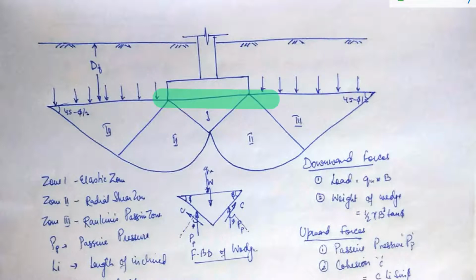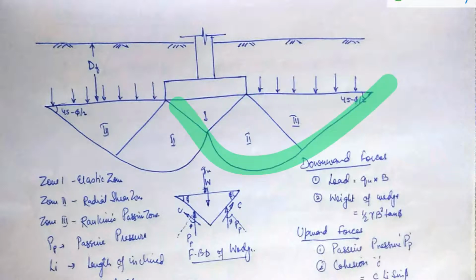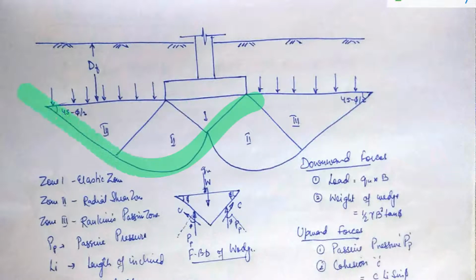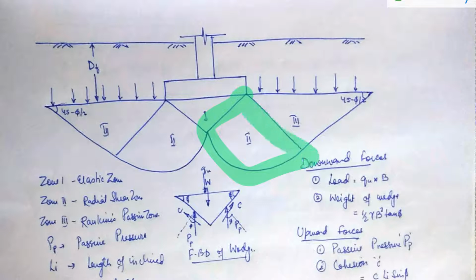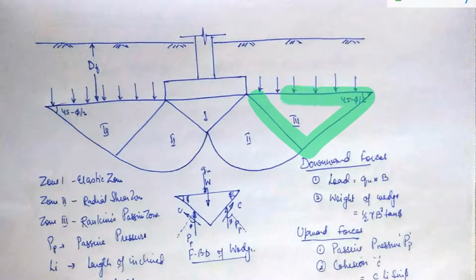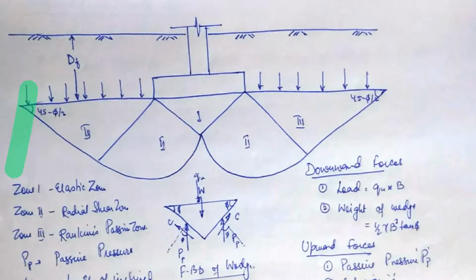Below your footing, the soil profile looks like this. This is your failure zone. I have marked the different parts: this part is zone 1, this one is zone 2, and here is zone 3. The angle which it makes is 45 degrees minus phi by 2.